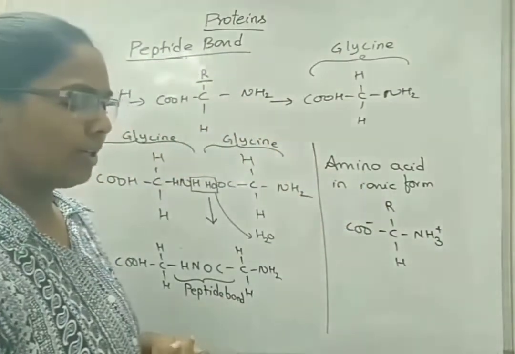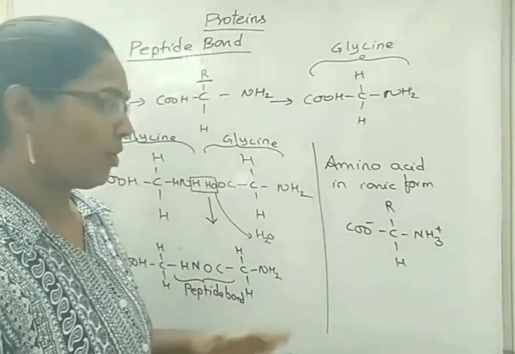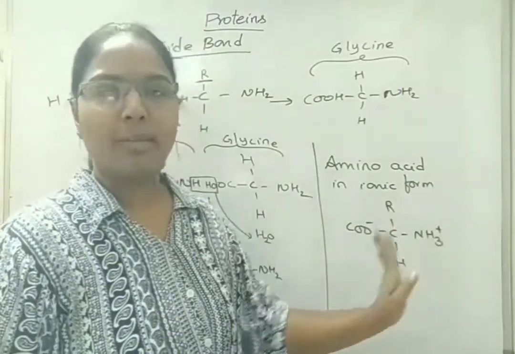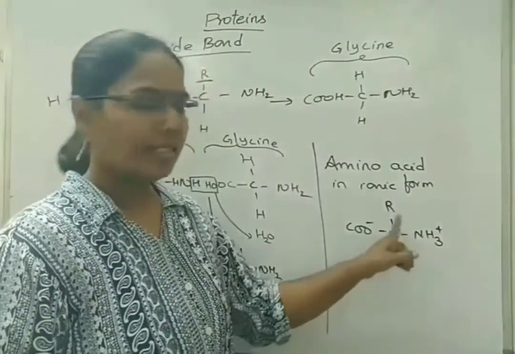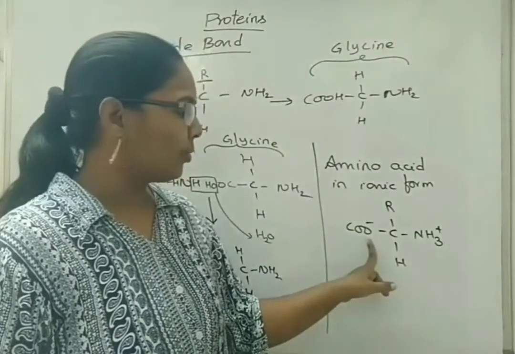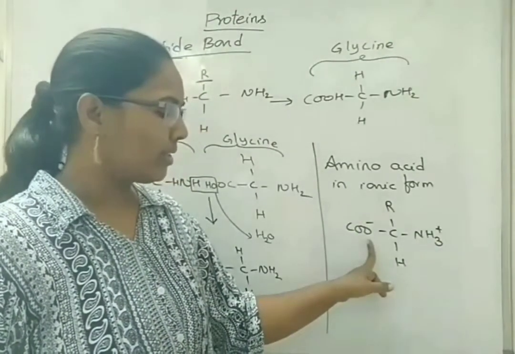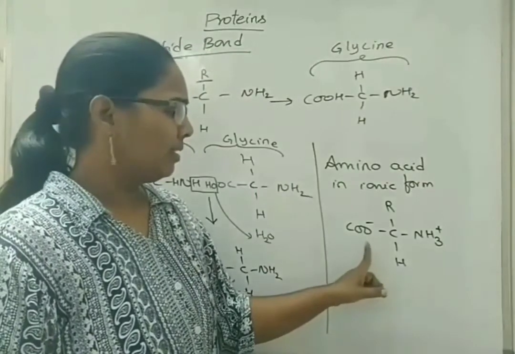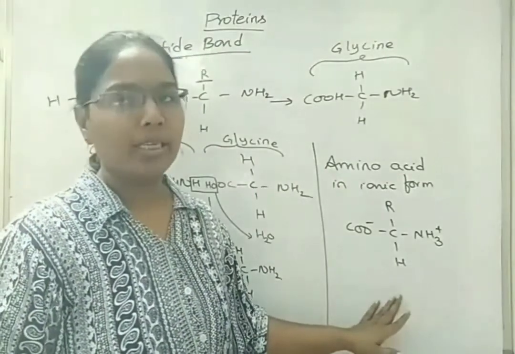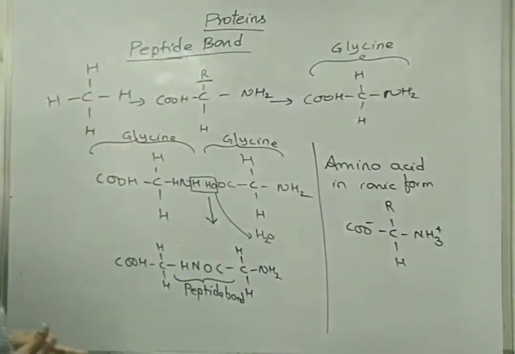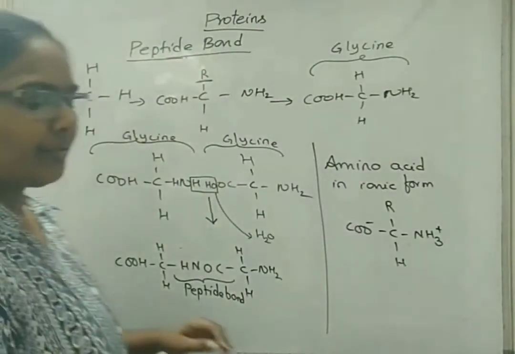So this we call the zwitter ionic form. Later it can complete its valencies with the addition of groups like hydrogens, hydroxyls, etc., and it can further be involved in metabolic activities. So this is about the peptide bond and its formation.